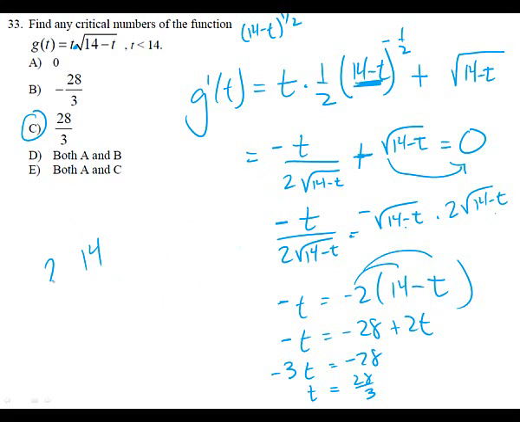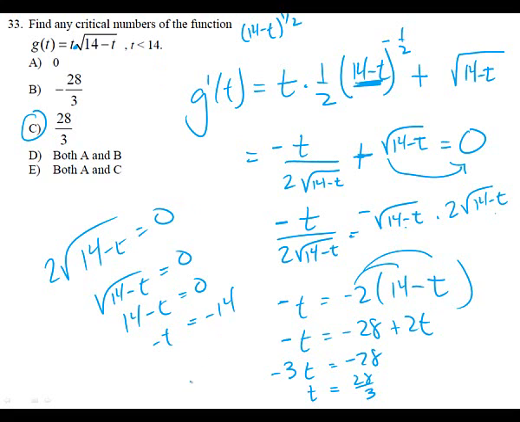So 14 minus t under the square root equals 0. So let's see, that would be square root of 14 minus t equals 0. 14 minus t equals 0. It's not up there, is it? Was one of our choices. Probably because it's outside the domain. Right? Maybe. Because it says that it has to be less than 14, and 14 is not less than 14. Or is equal to 14.